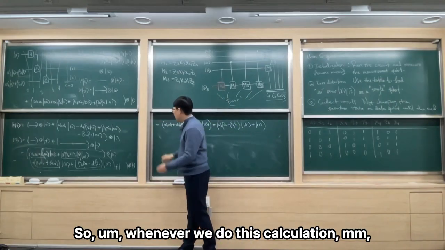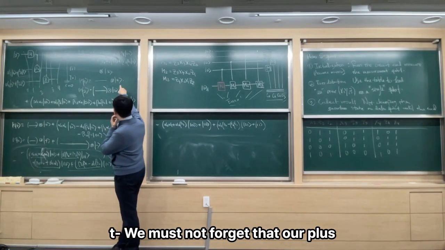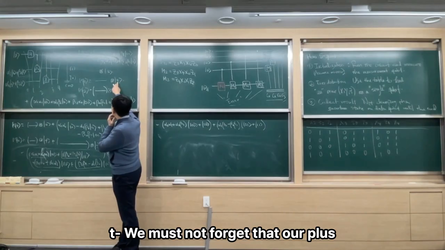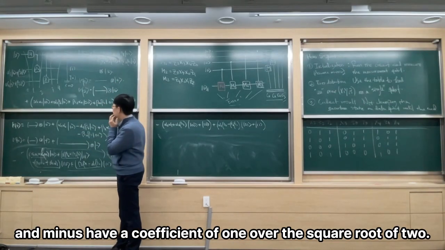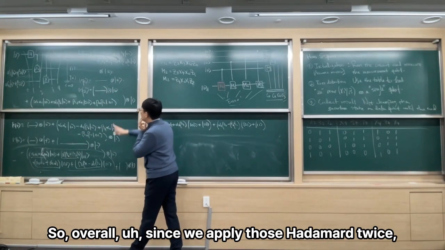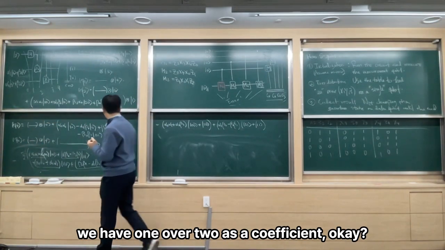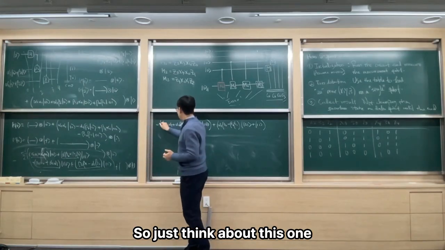Whenever we do this calculation, we must not forget that our plus and minus have a coefficient 1 over square root of 2. So overall, since we applied those Hadamard twice, we have 1 over 2 as a coefficient. Okay, so just think about this 1 over 2 all the time.